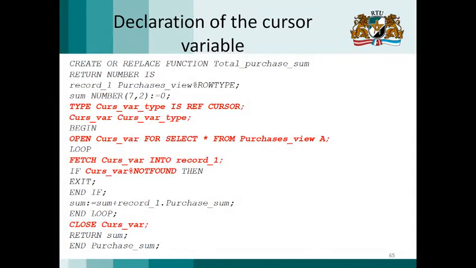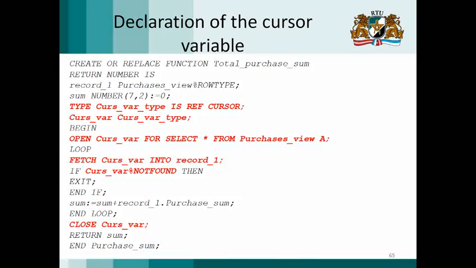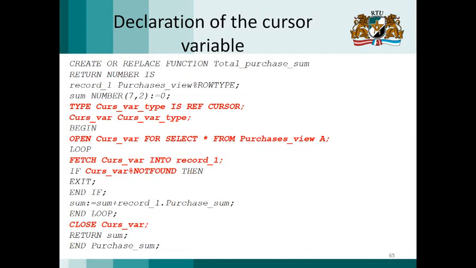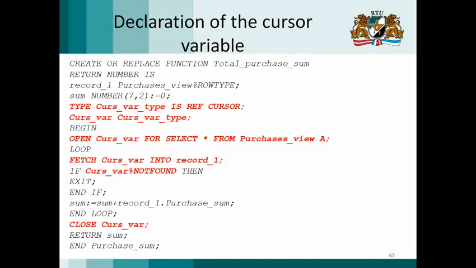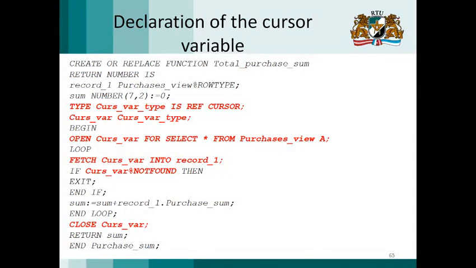If we want to, then we can later open this cursor with a different query. So we can retrieve different data from another table and still use the same variable. So this is the main difference that a cursor variable has from these simple cursors.